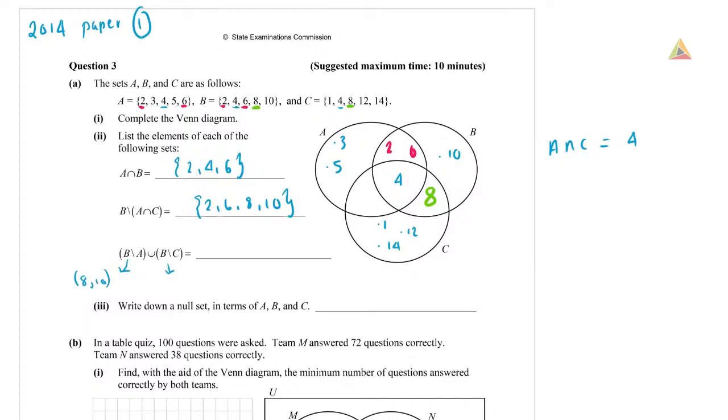If we look at the Venn diagram, B without C is going to be the numbers 2, 6 and 10. So if we were to put that in one set, it's going to be the numbers 2, 6, 8 and 10.